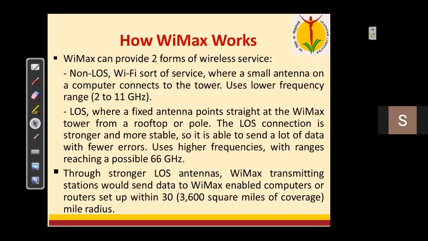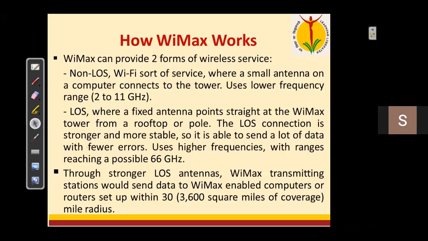But when it is line of sight, the mobile users are in sight of the base station antenna. Therefore the connection is very strong, and we can transmit data at a very high rate, with frequencies up to 66 gigahertz.